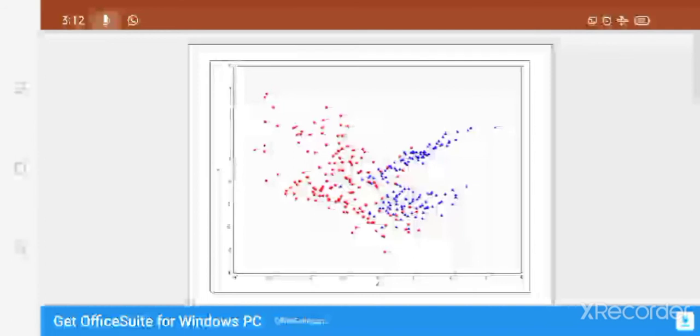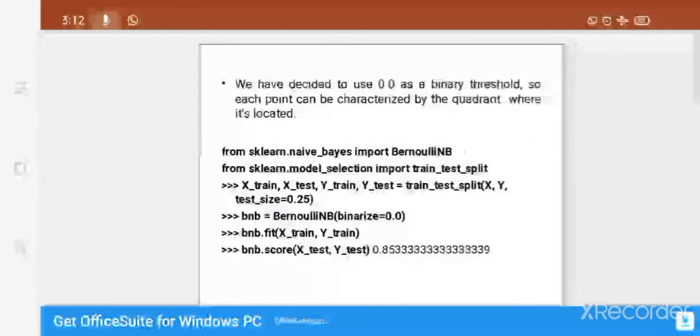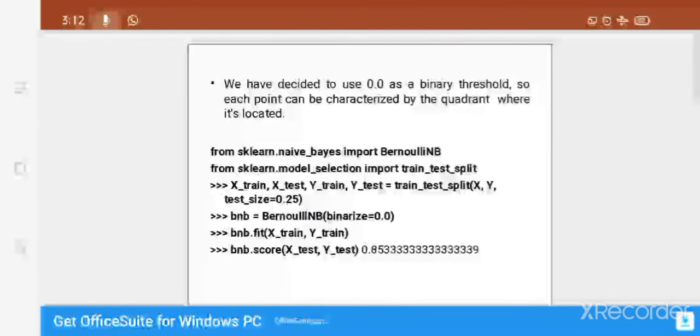There are only two distributions, 0 and 1, or yes/no type, so it is shown in only two colors. We have decided to use 0.0 as the binary threshold, so each point can be categorized by the quadrant where it is located. So we can consider 4 quadrants.